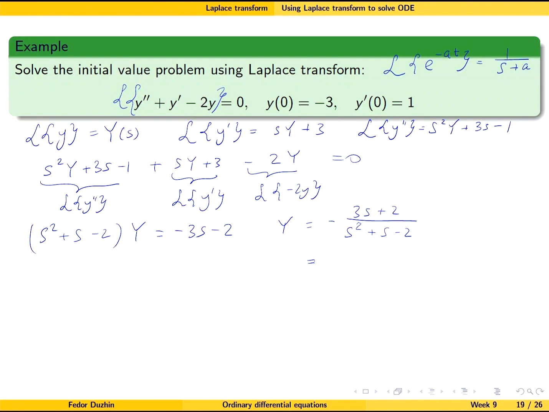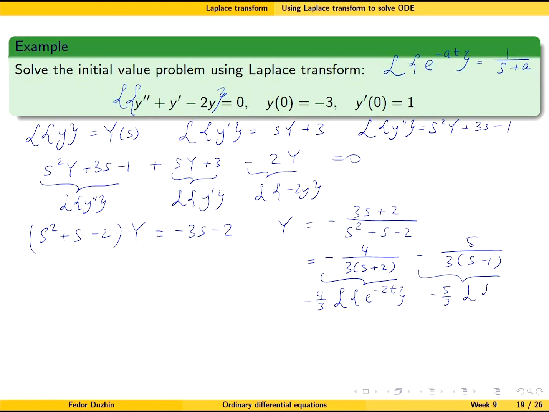Expressing this as a sum of partial fractions, I'm going to get minus 4 over 3 times s plus 2, minus 5 over 3 times s minus 1. Notice that 1 over s plus 2 is the Laplace transform of e to the minus 2t, and 1 over s minus 1 is the Laplace transform of e to the t.